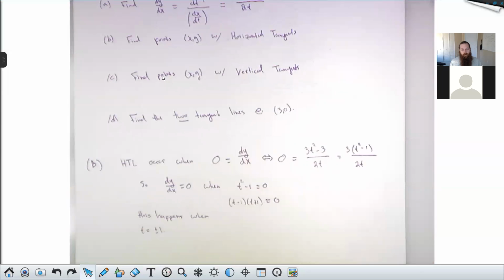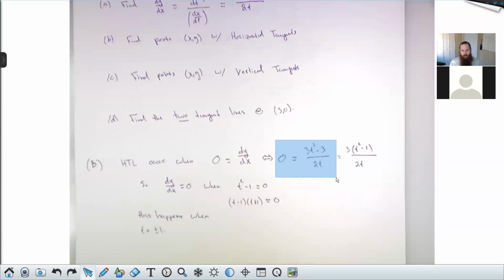The essence of it is to find horizontal tangent lines, you set the top equal to 0. It's a little bit more subtle than that because the dy dt from the top can interact with the dx dt in the bottom. So what you should do is take your dy dx, set that whole apparatus equal to 0. This is now a rational equation of the type you learned how to solve very carefully in pre-calculus.